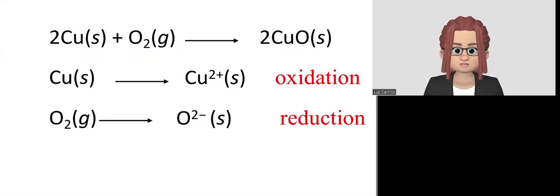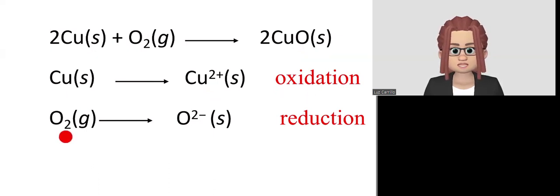So what happens overall is that elemental copper had an oxidation number of 0 because it's found in elemental form. And in the product, all of a sudden it became a cation. So because of that, we know that when cations form, there's a loss of electrons. And that process is called oxidation.